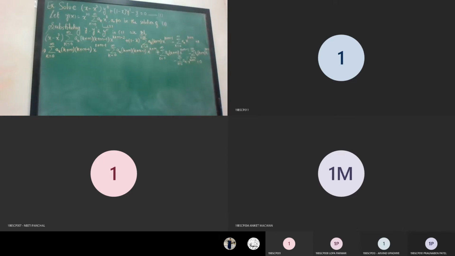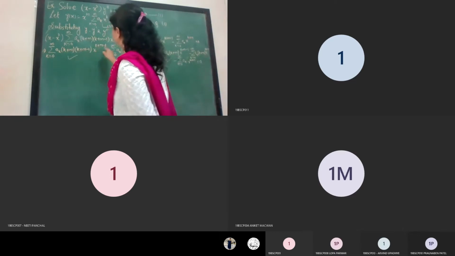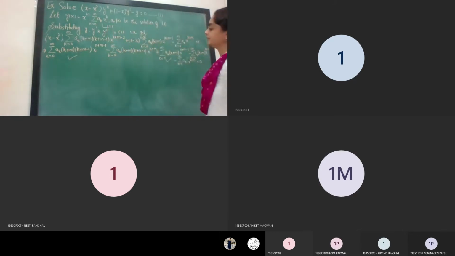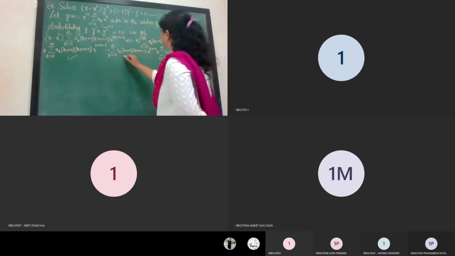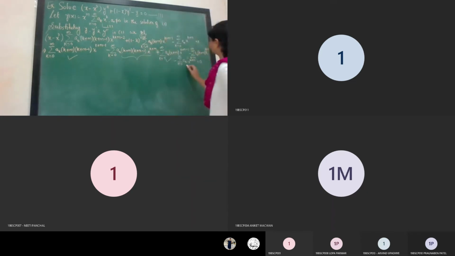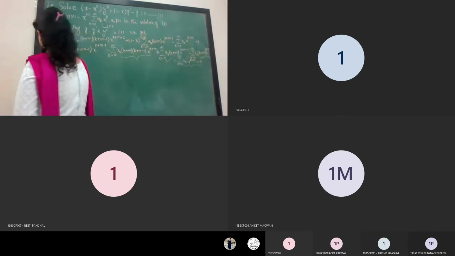If you see, this term and this term are with the powers x raised to k plus n minus 1, and these two are the factors with power k plus n. So let us collect the corresponding coefficients of the same power.